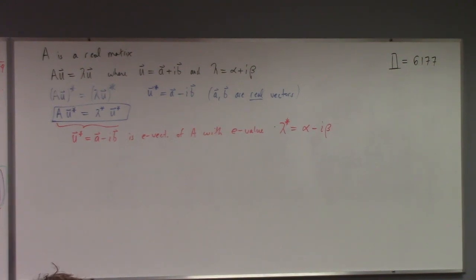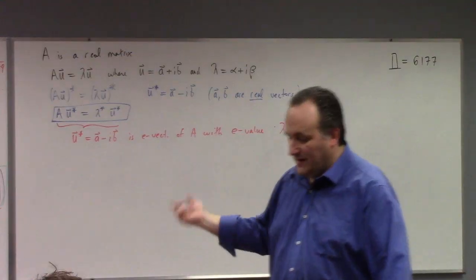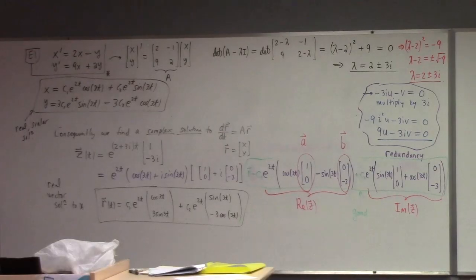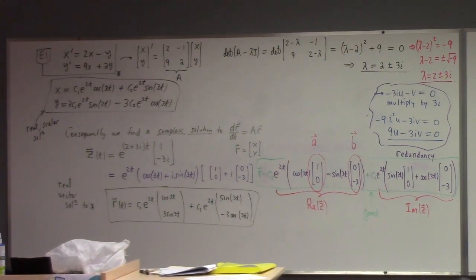If I'd used the complex conjugate eigenvalue, I could have found the same complex eigenvector, except instead of having b, I would have had minus b, right?